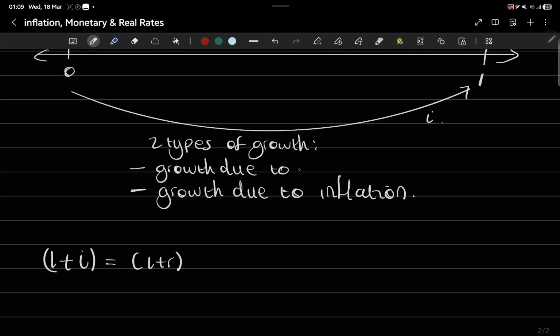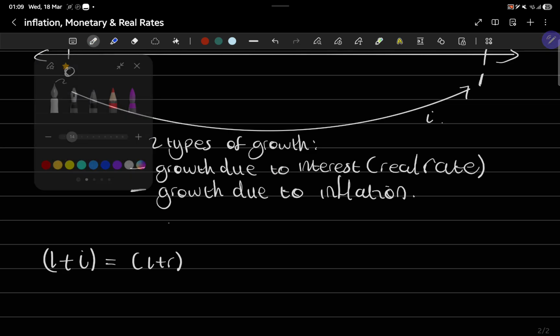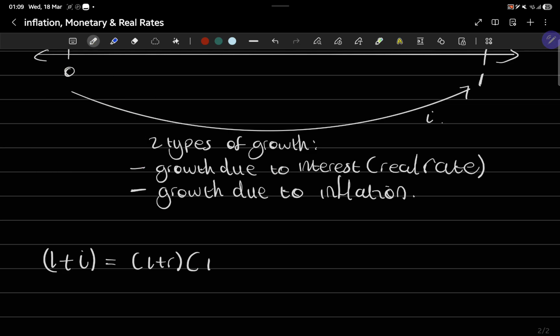So I shouldn't have said growth due to interest, I should have said growth due to the real rate of interest. So this is the real growth that separates out inflation. There's growth due to the real rate of interest, which is separated from inflation or adjusted for inflation. And there's also growth due to inflation itself.